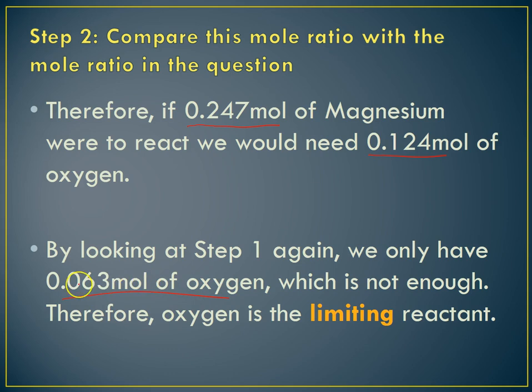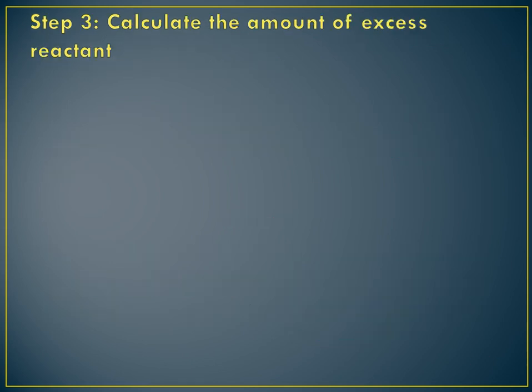So in that case, 0.063, which is what we have, is less than 0.124, which means that oxygen must be the limiting reagent. I don't have as much as I need to make all the magnesium react, which means that the reaction will only proceed for as much oxygen as we have.